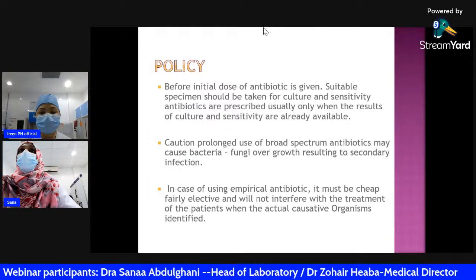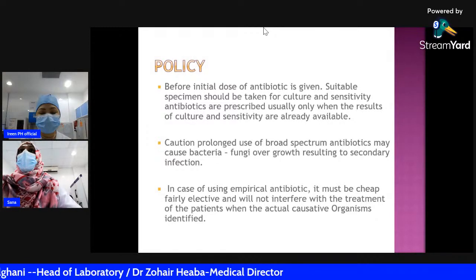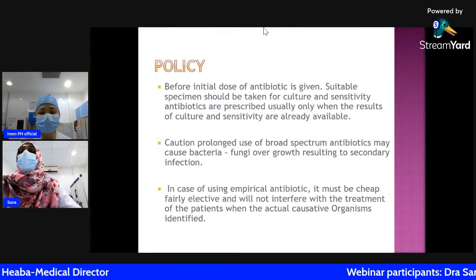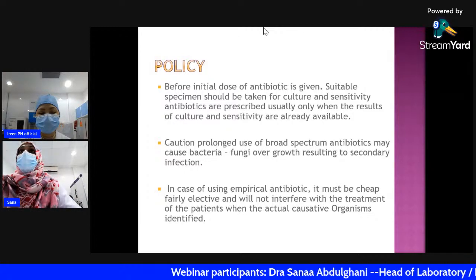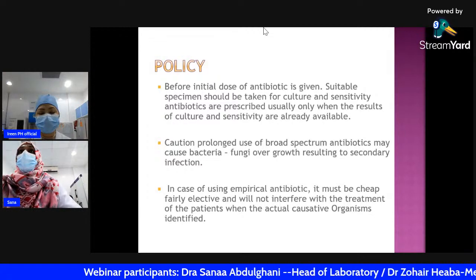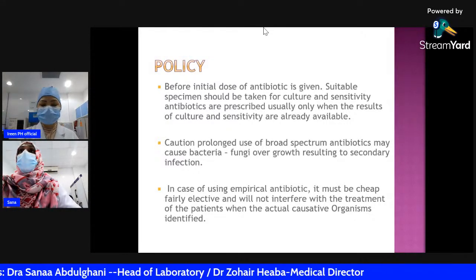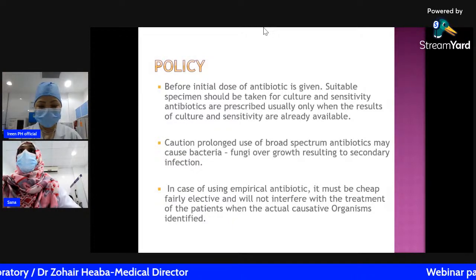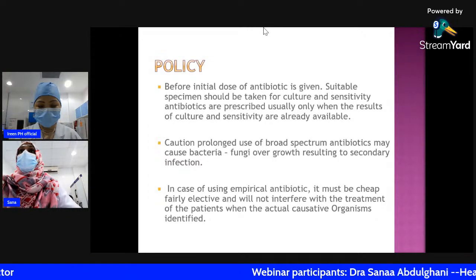Prolonged use of broad spectrum antibiotics may cause bacterial or fungal overgrowth resulting in secondary infection, so it must be avoided. In case of using empirical antibiotic, it must be cheap, fairly effective, and not interfere with the treatment of the patient when the actual causative organism is identified.